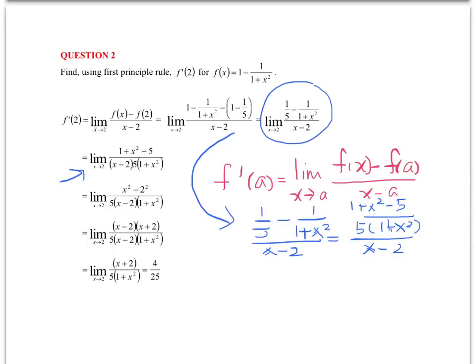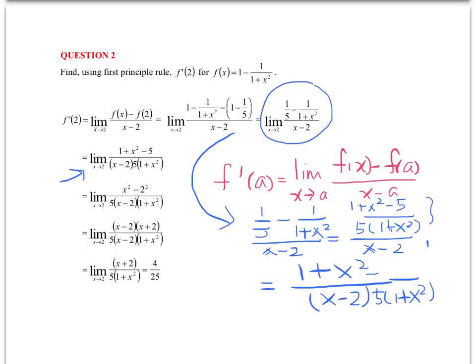What happens then is, because we are actually dividing this expression by x over x minus 2, you can think of this as x minus 2 times 5, 1 plus x squared. And of course the numerator will still be the numerator of the resultant, and that's why we have this. Then you can see the working, and finally the value is 4 over 25.